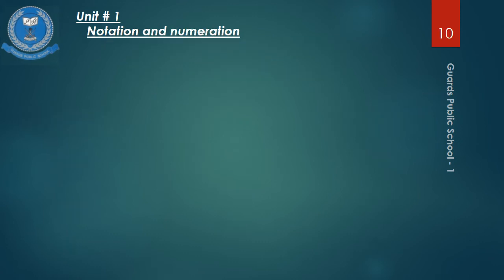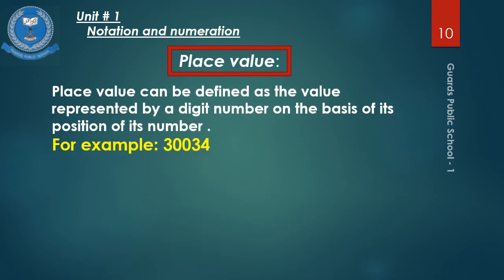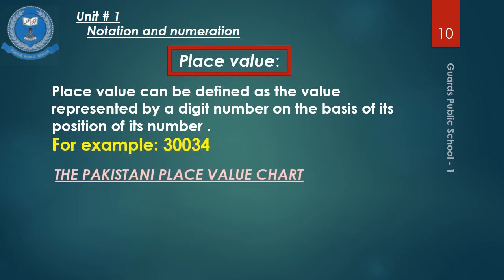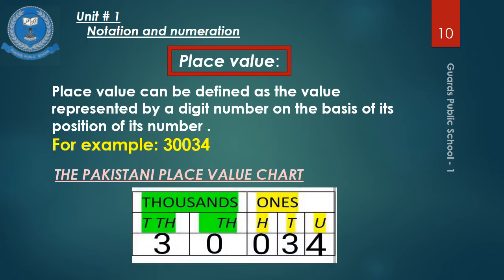Students, now we have the topic place value. What is place value? Place value can be defined as the value represented by a digit on the basis of its position. For example, in the Pakistani place value chart, we have the columns like this: unit, 10, 100, 1000 and then 10,000.